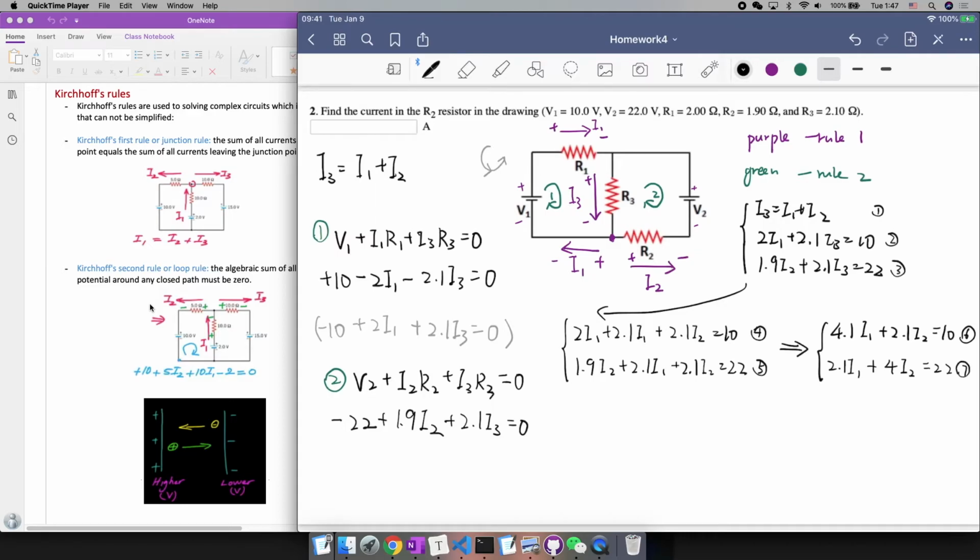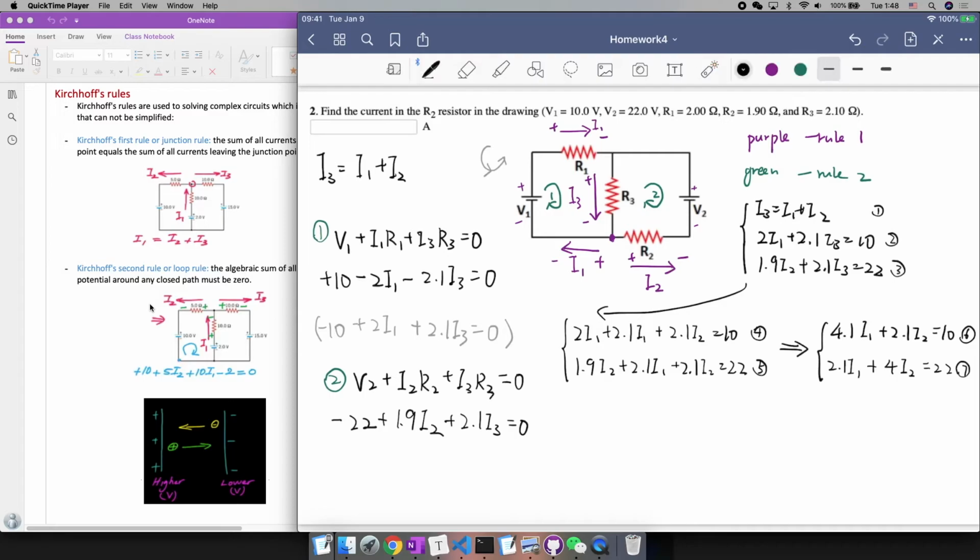All right, cool. Now we're looking for I2 here, right? So now let's substitute. We want to leave this to the end. So now we're going to substitute I1 into this equation so we can remove I1, so only I2 is left.